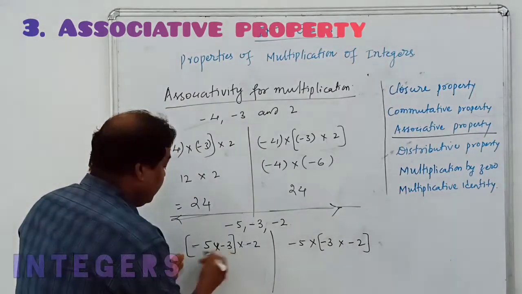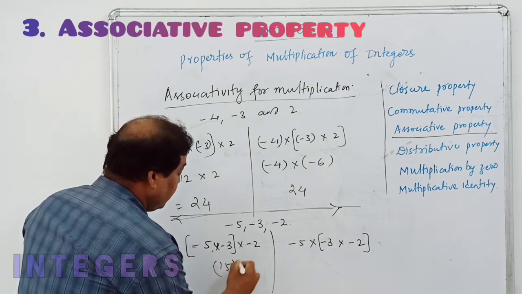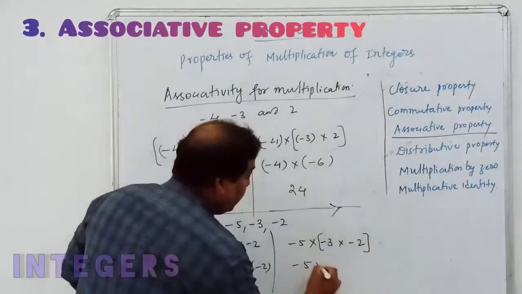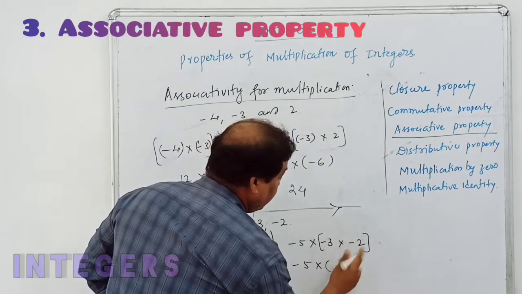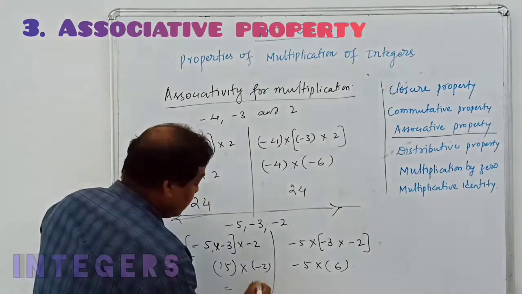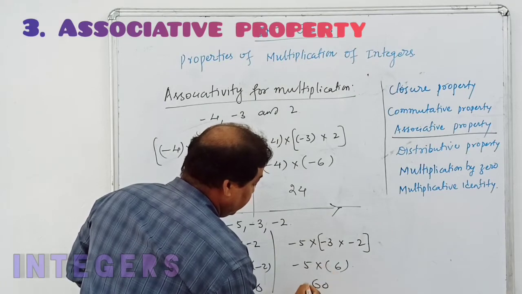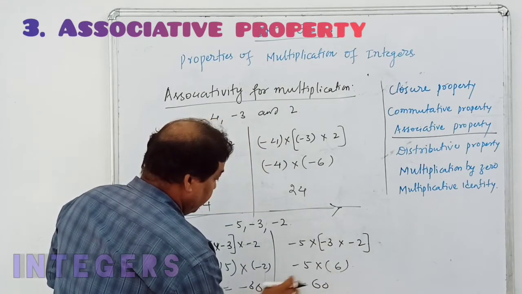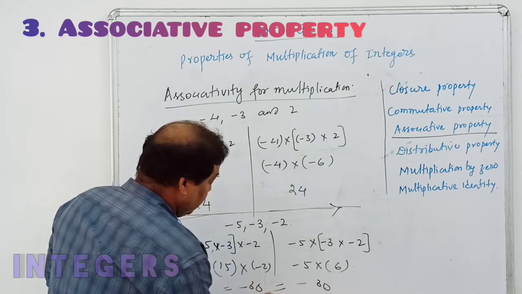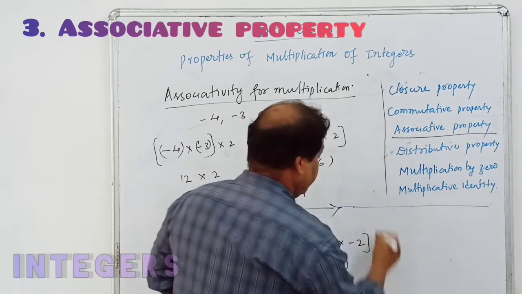Now multiply: negative sign times negative is positive, 5 threes are 15, then minus 2. In the other, minus 5, and negative times negative is positive, 3 twos are 6. Now you multiply these two numbers: 15 twos are 30, plus times minus is minus. 5 sixes are 30, minus times plus is minus. So that means minus 30. In the first case and in the second case, both sides are equal.